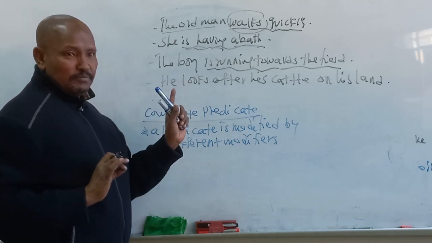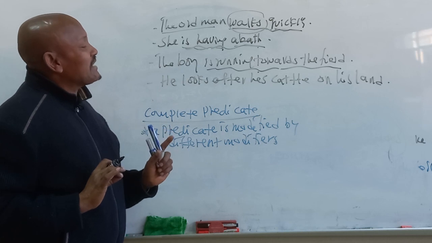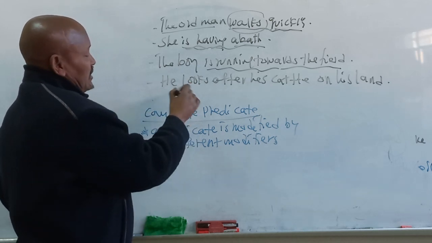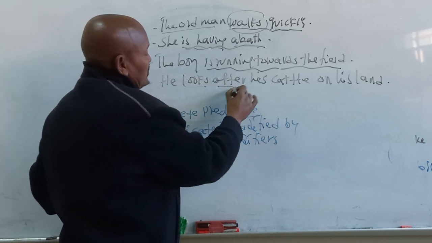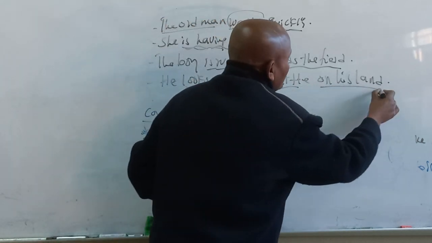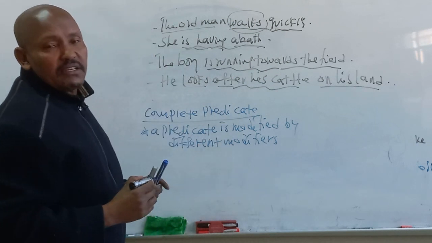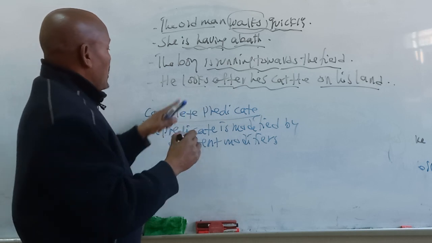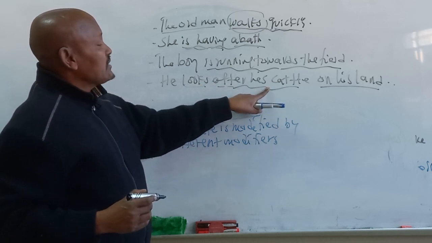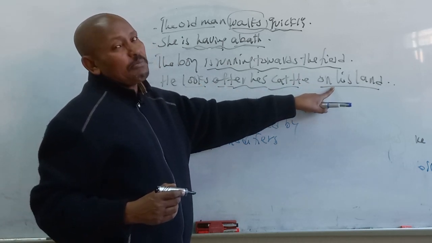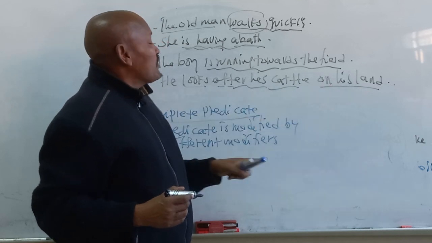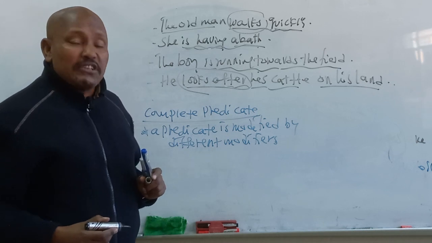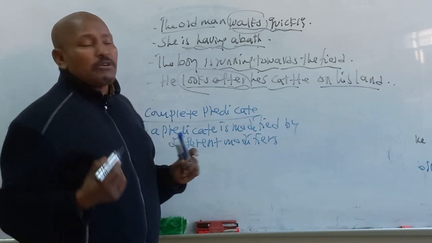The other, look here: he looks after his cattle on his field. He looks after ከቨርቡ ነው የምንጀምረው. Looks after his cattle on his field እስከዚህ ድረስ complete predicate ነው. He looks after verboች ናቸው እነዚህ, his cattle noun phrase ነው, on his field prepositional phrase ናቸው. ስለዚህ እነዚህ ፍሬዞች እየገለጹ ያሉት where, what does he look after ብላችሁ ምንድነው የሚጠብቀው, his cattle.